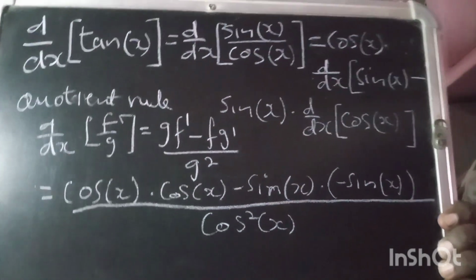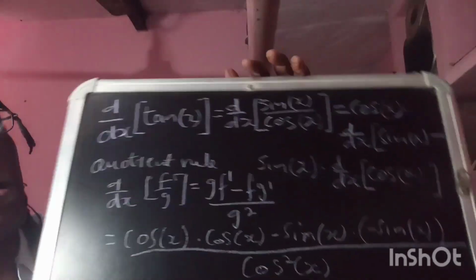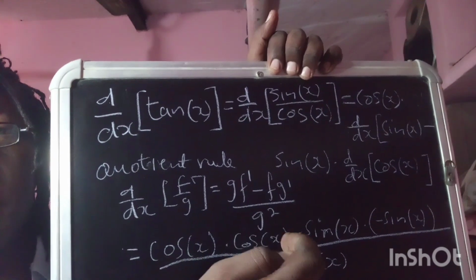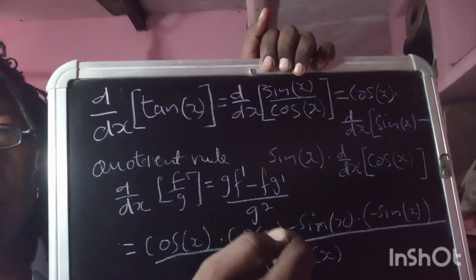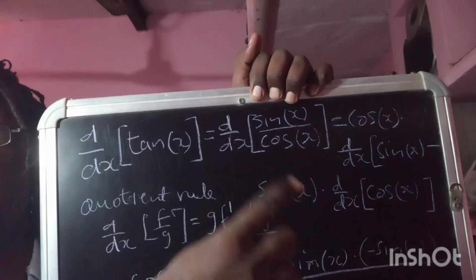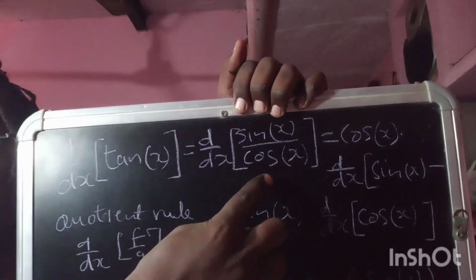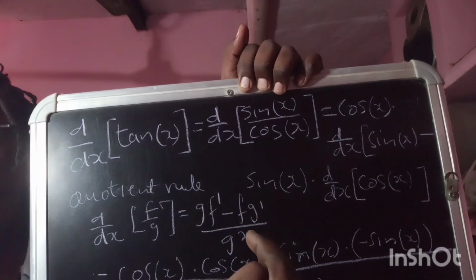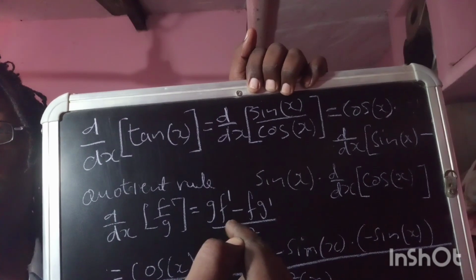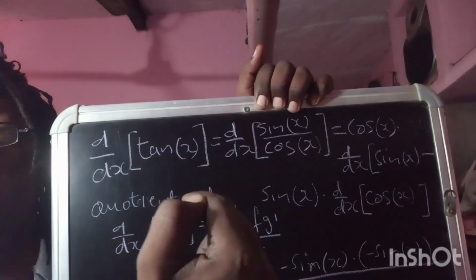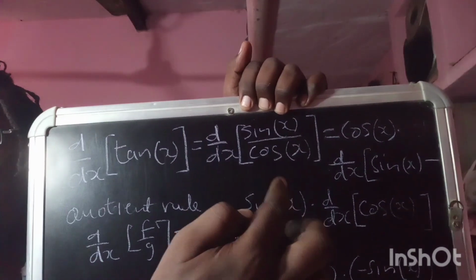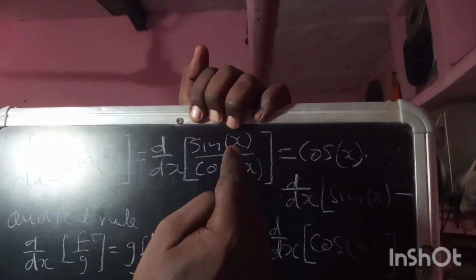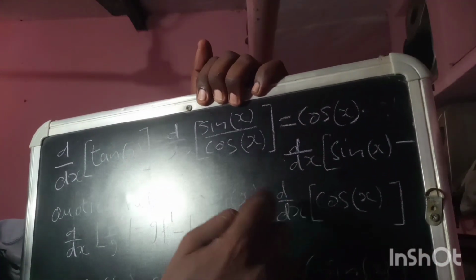Okay, so I hope you are understanding how this is coming about, because we are using the formula g f prime minus f g prime over g squared. According to this formula, g is the lower one and f is the upper one. G remains the same, f prime is the upper one which you differentiate.